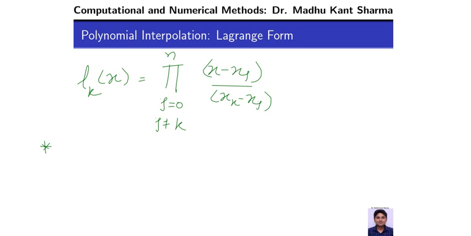Now, interpolating conditions. If you recall, the interpolating conditions are Pn of xi is equal to yi.